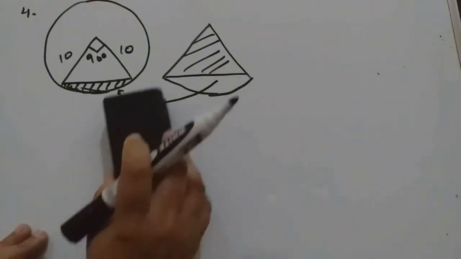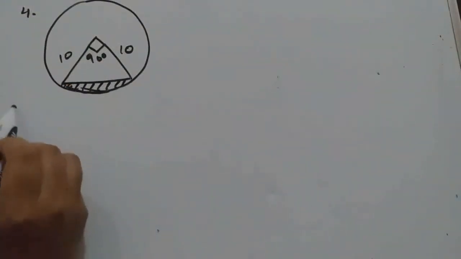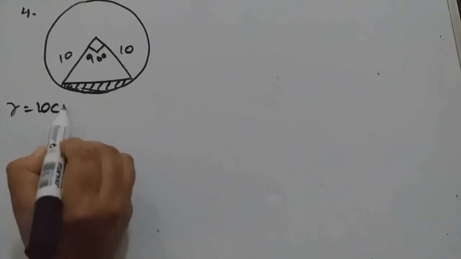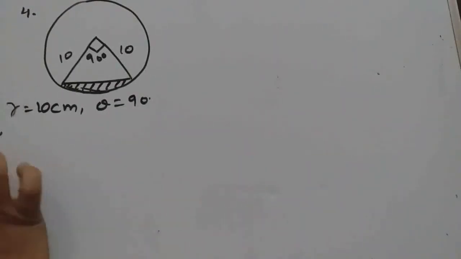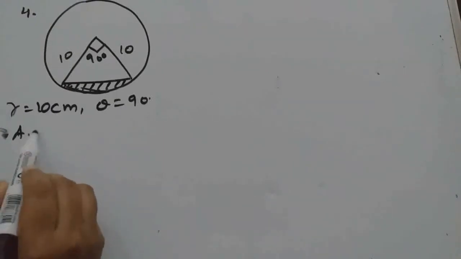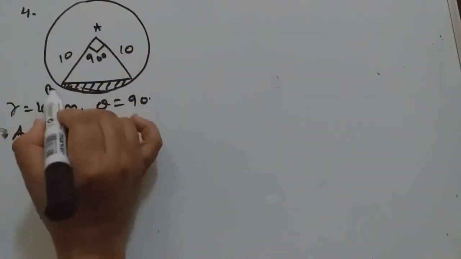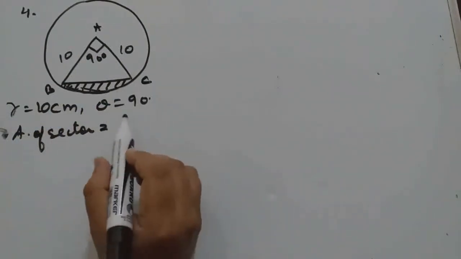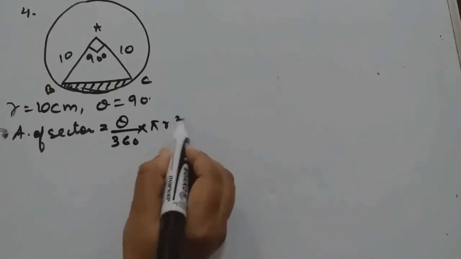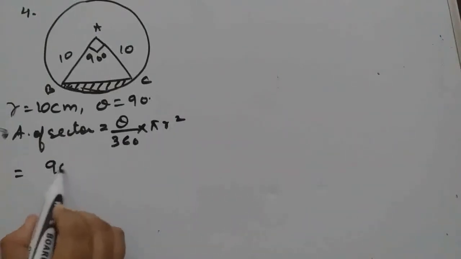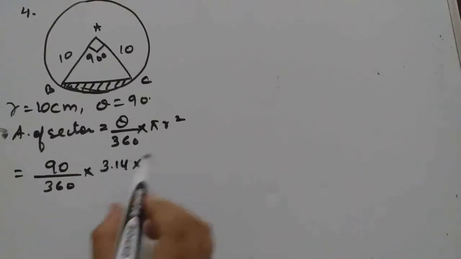So to find area of sector, radius and theta we should know, that is already given. So radius is 10, theta is 90. So area of sector, let it be A, B and C. Area of sector is theta by 360 into pi r square. Theta is 90 by 360. Pi is 3.14 we should take, it is given in the question.